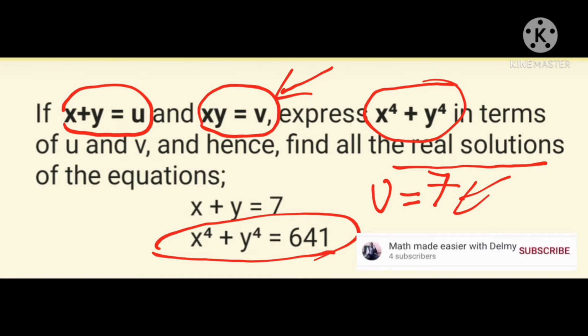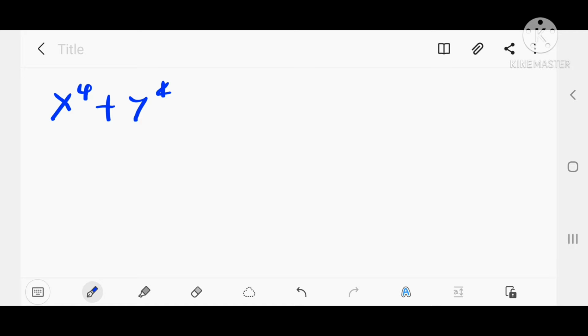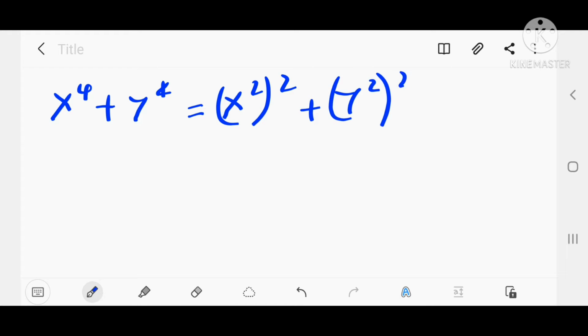So let's see. We have x exponent 4 plus y exponent 4, which will be equal to x exponent 2 plus y exponent 2, all in brackets exponent 2. So we apply the binomial expansion for this.